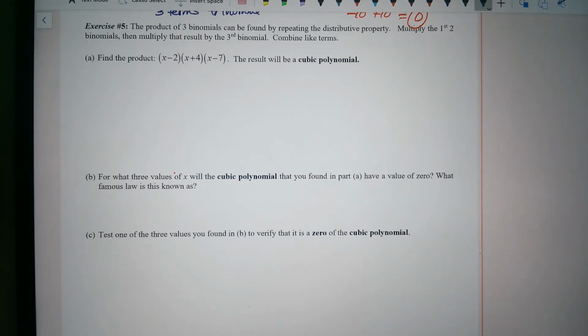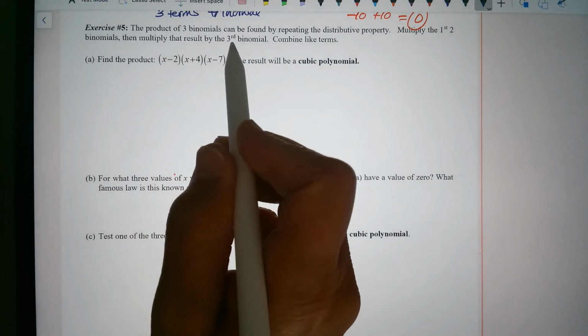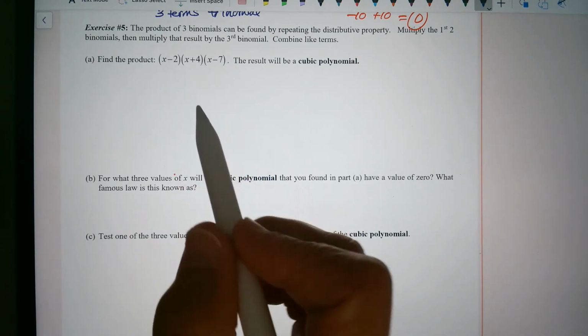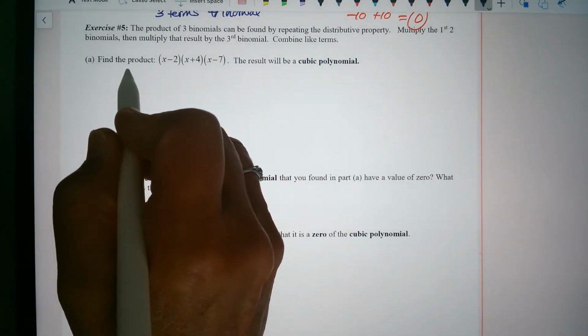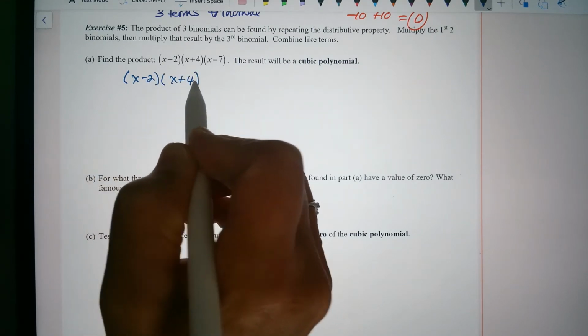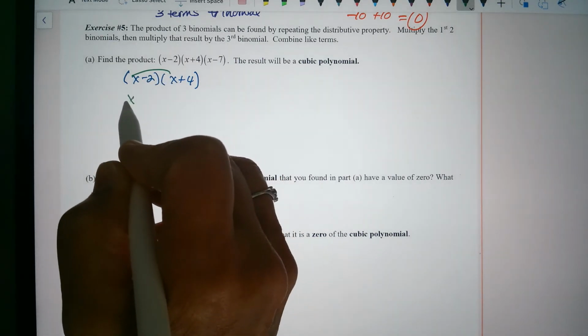Okay, next we want to multiply 3 binomials using our distributive property. So we'll multiply the first 2 binomials, then multiply the result by the third binomial and combine like terms. Okay, so let's take the first 2. I'm taking x minus 2 times x plus 4 using the distributive property. X times x is x squared.